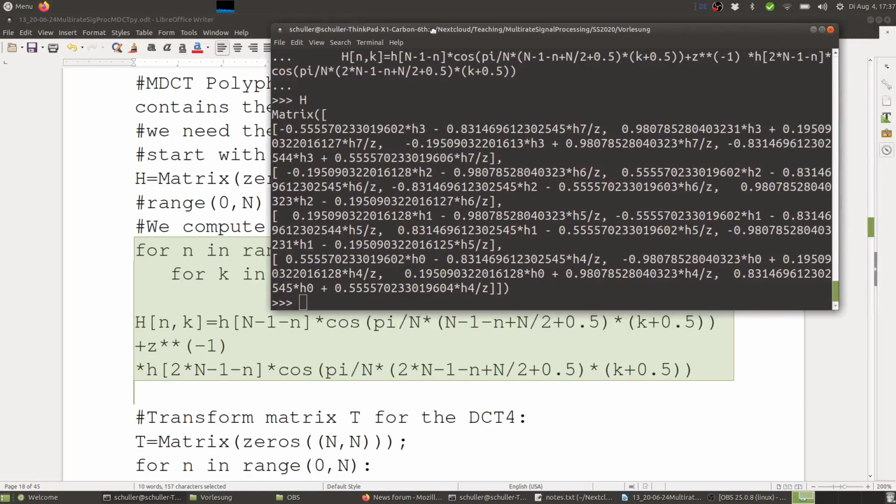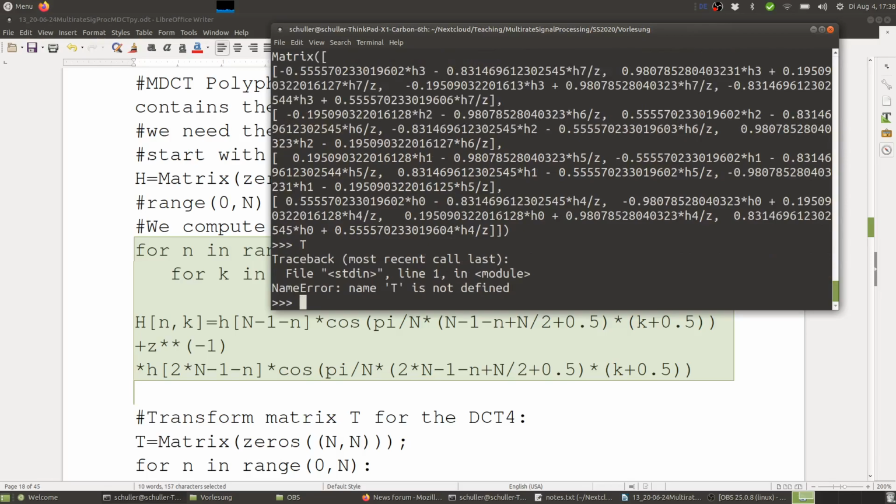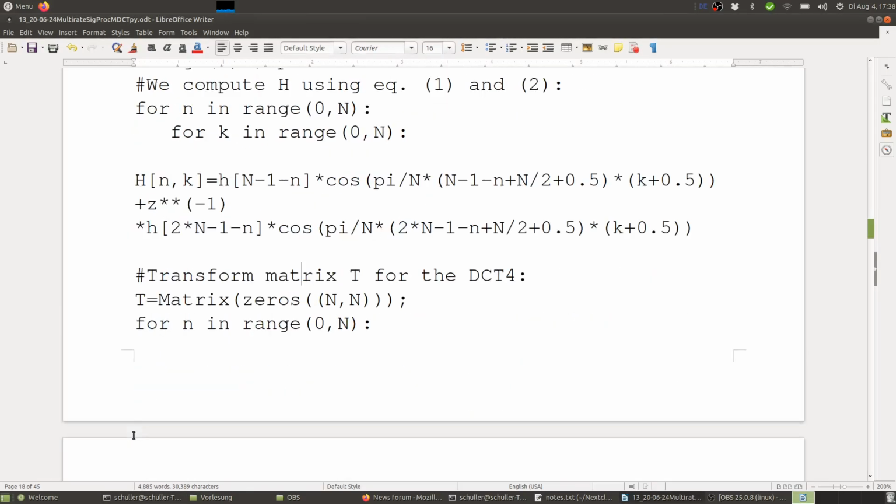This is now our complete polyphase matrix, and it looks a little bit messy because of those long numbers, which basically come from our transform matrix, from the cosine terms here. So we don't have the t yet, which would have the same entries, but the t comes next.